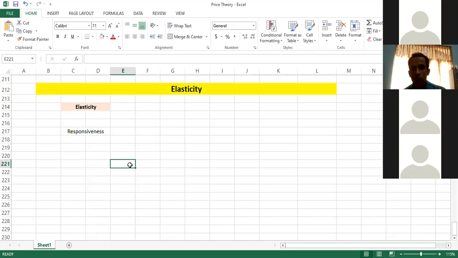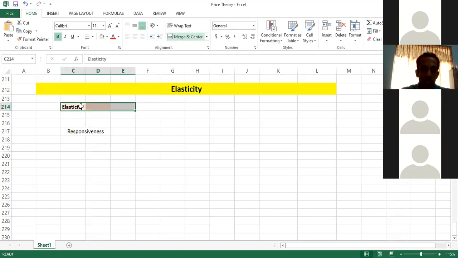Responsiveness means we need to analyze what is the response of one variable with respect to another variable. So when we apply this concept to the demand and supply analysis, if we start with elasticity of demand, what is the meaning of elasticity of demand? It is the responsiveness of demand to the factors affecting the demand.